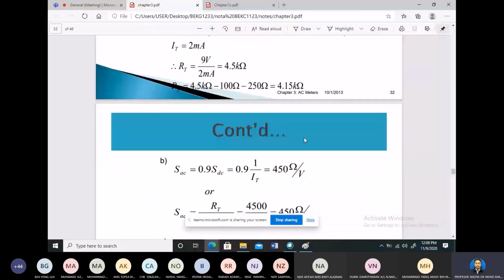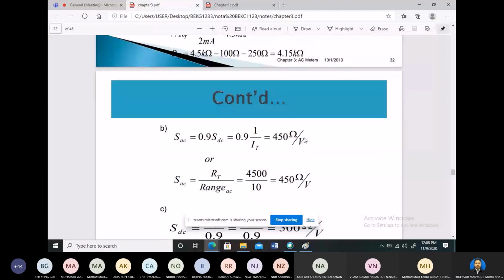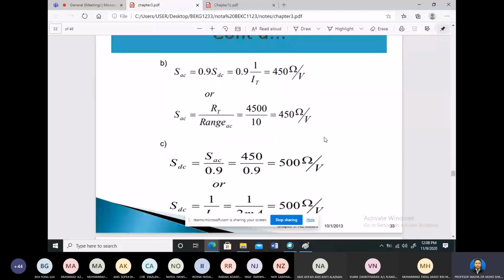Then to calculate the AC sensitivity, use the formula 0.9 multiplied by the sensitivity for DC, so 0.9 multiplied by 1 over IT, which equals 450.